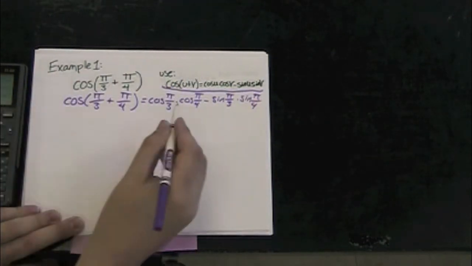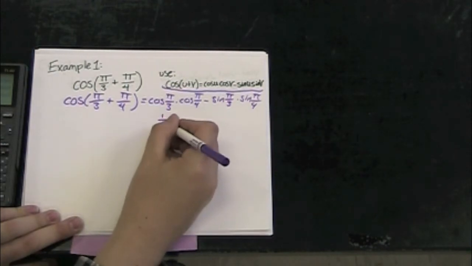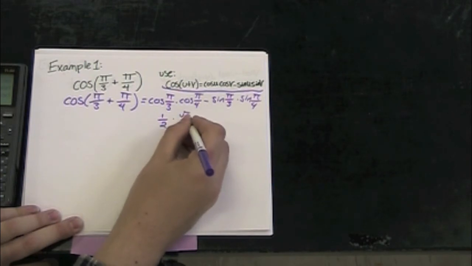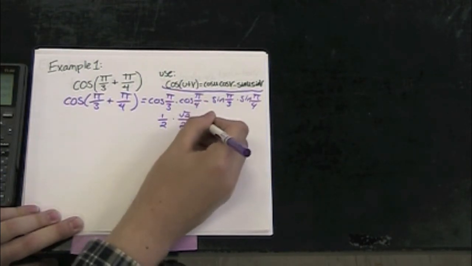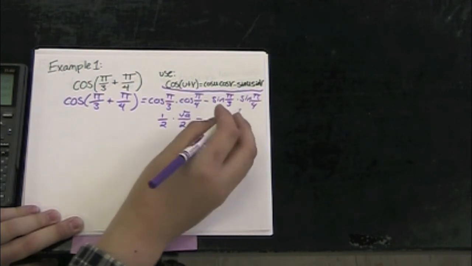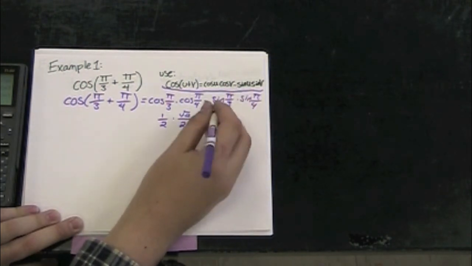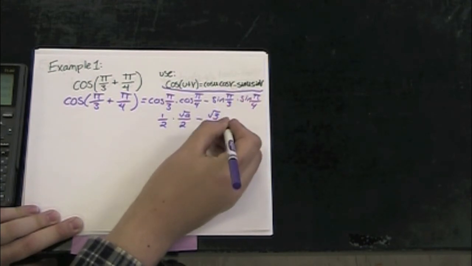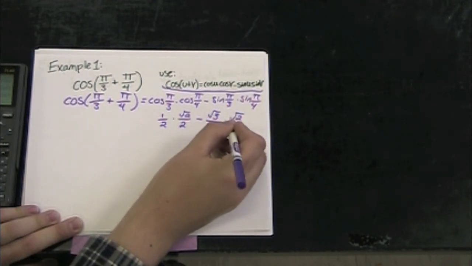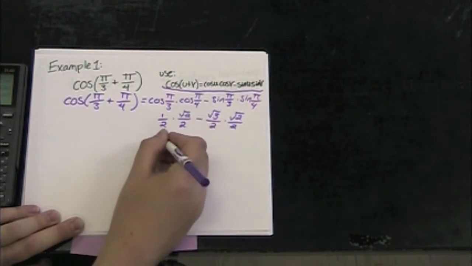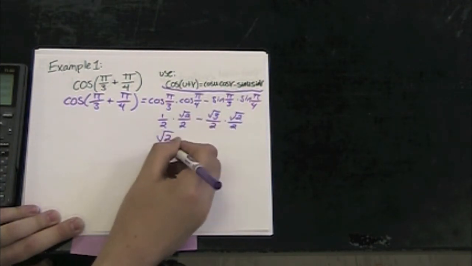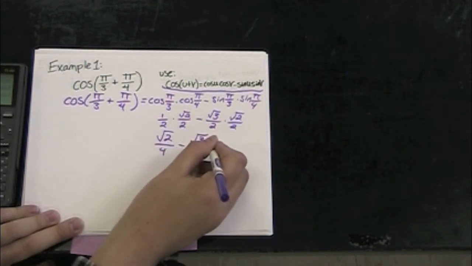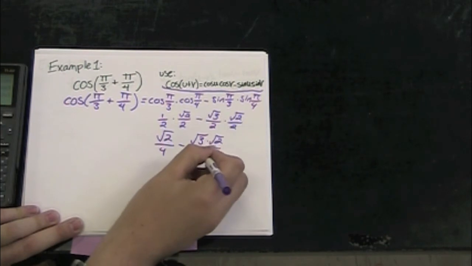If I plug in these values, cosine of pi over 3 is 1/2, cosine of pi over 4 is square root of 2 over 2, minus sine of pi over 3 is going to be square root of 3 over 2, and sine of pi over 4 is square root of 2 over 2. I end up with square root of 2 over 4 minus the square root of 3 times the square root of 2, also over 4.